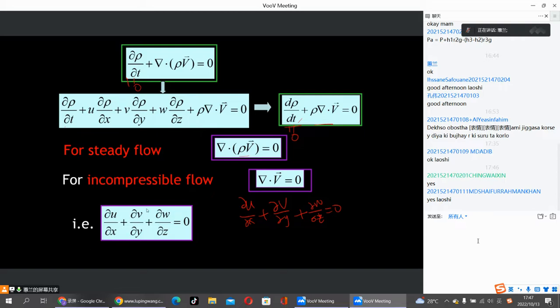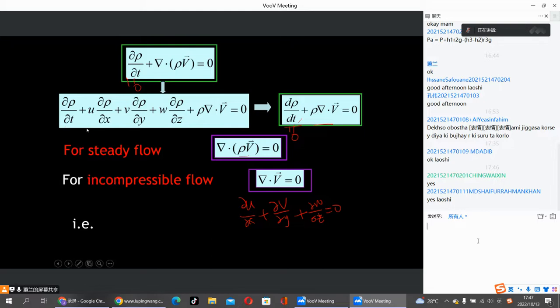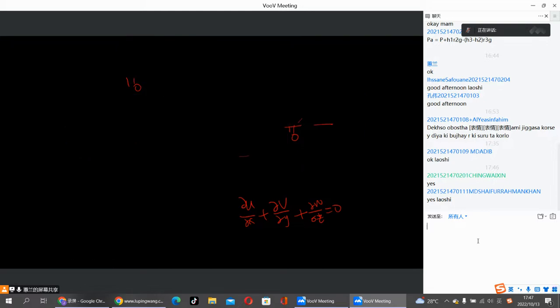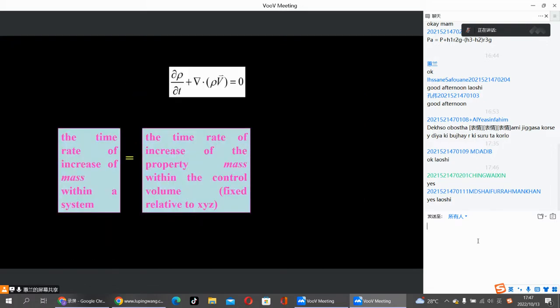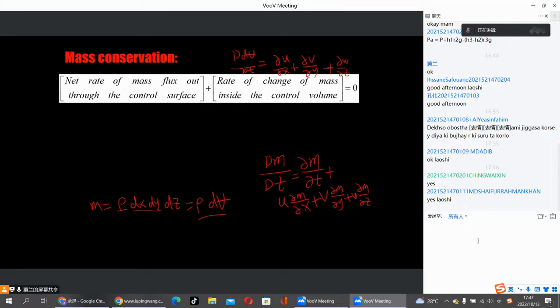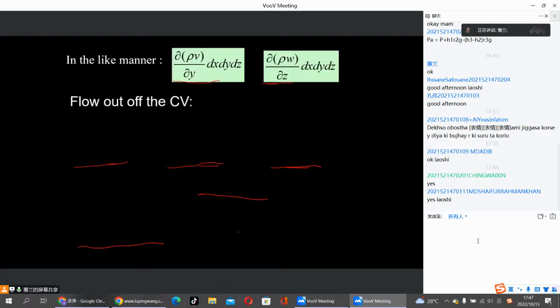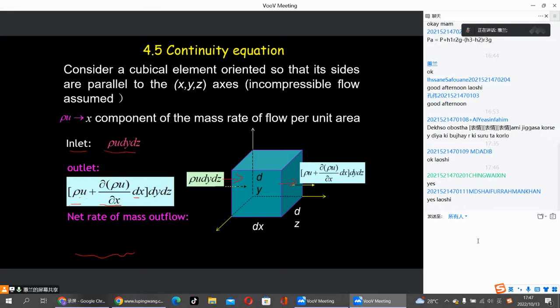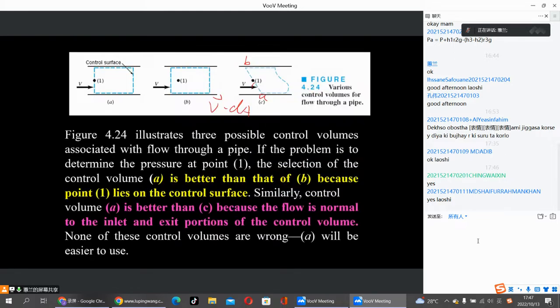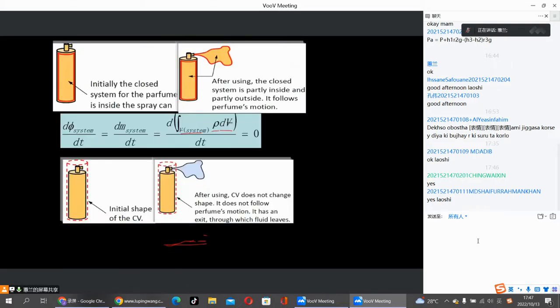So maybe we can do it this way. Let's go back to the previous slide. It's in differential form, and later we will introduce the integration form.